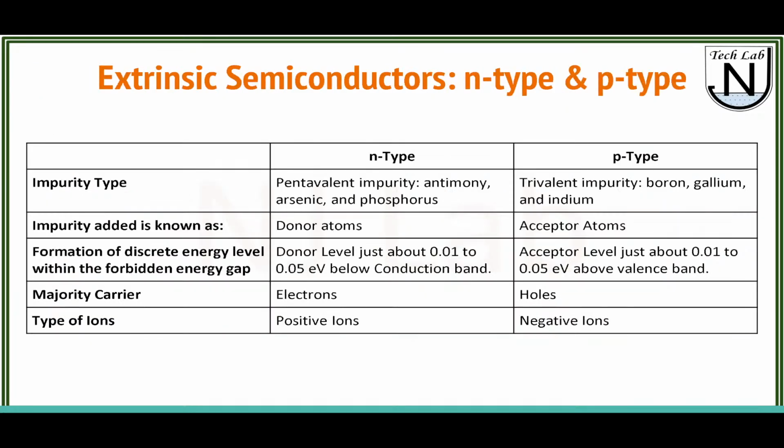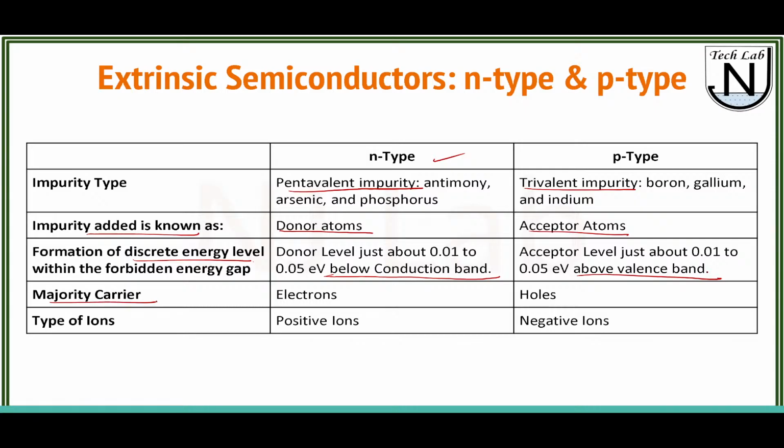So the summary of whatever we have discussed is listed over here. In n type, we have pentavalent impurity, whereas in p type, we have trivalent impurity added. N type impurity is known as donor atom, p type is known as acceptor. A discrete energy level is formed, and in n type it is just below the conduction band, whereas in p type it is just above the valence band.